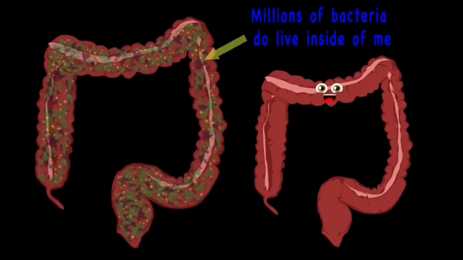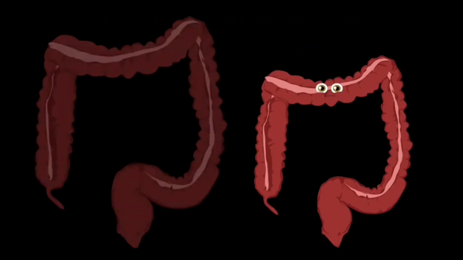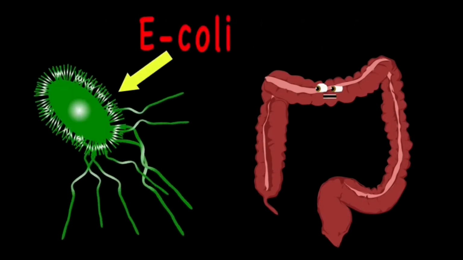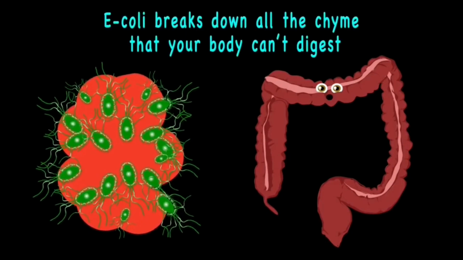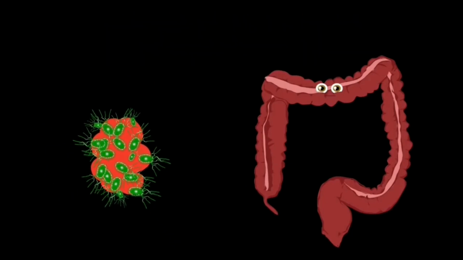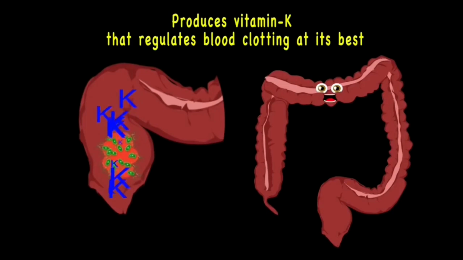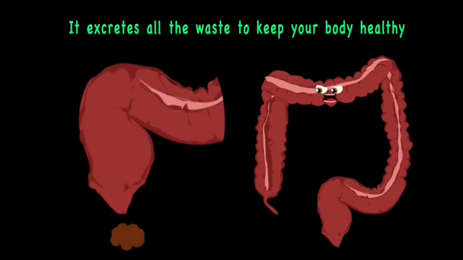Millions of bacteria do live inside of me. An important one is E. coli. Its job is very key. E. coli breaks down all the charm that your body can digest and produces vitamin K that regulates blood clotting at its best. Another important job that your large intestine has to play, yeah, it excretes all your waste to help your body stay healthy.